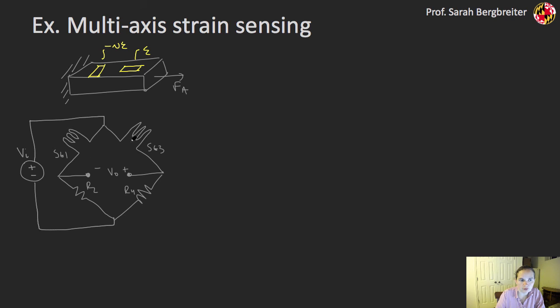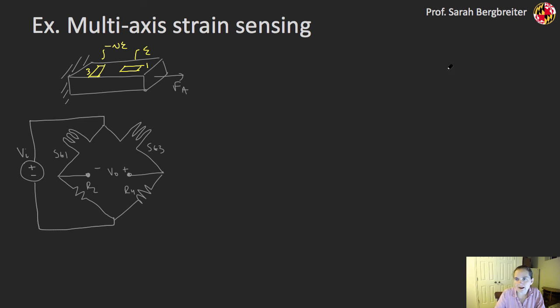So I have two strain gauges in my bridge circuit, and I've organized them in this way. I have one strain gauge in this quarter of the bridge, another strain gauge over here, and then resistors down here. Otherwise V out and V in look pretty much the same. And then this is strain gauge 1, and this one is strain gauge 3.